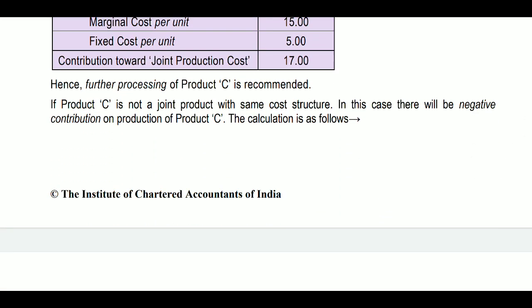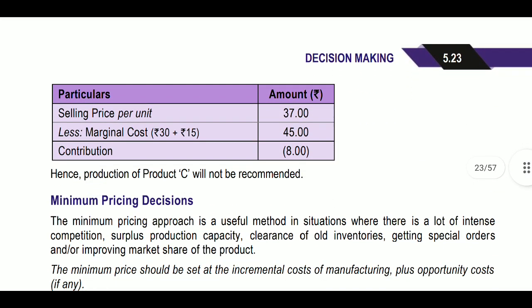If product C is not a joint product with the same cost structure, then we will get a negative contribution on production of product C. If we see, all cost will be taken: 30 plus 20, 30 only is taken, 20 is fixed cost, so we will not consider it here. 30 plus 15 rupees, 45 rupees, then the contribution will be 8 rupees.